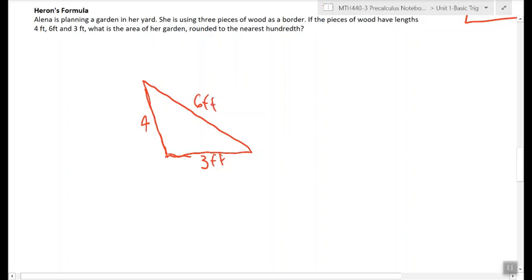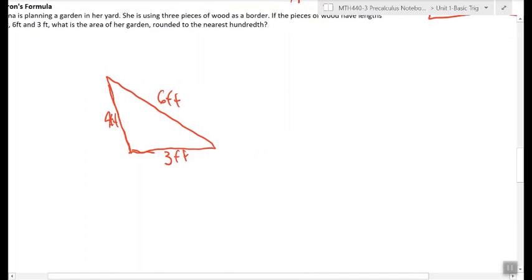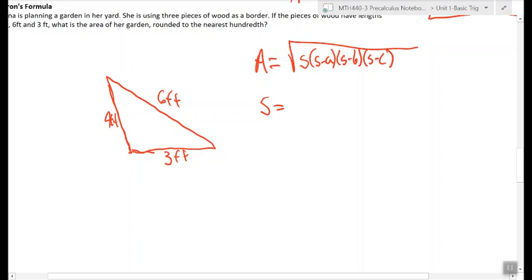Alright, so Heron's formula. Heron's formula is the area equals the square root of s times s minus a, times s minus b, times s minus c. So what is s? s is equal to a plus b plus c over 2.